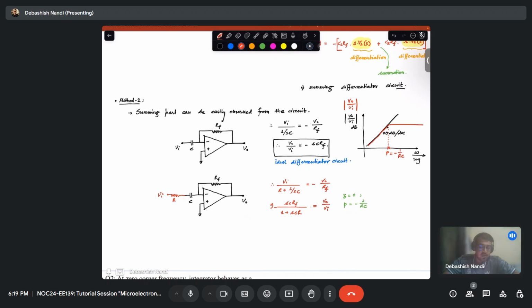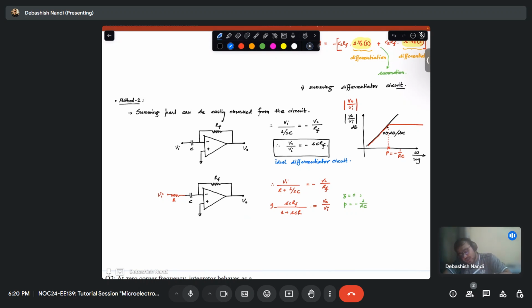So you see how an ideal differentiator is turning into a high pass filter, okay, by just the introduction of a series resistance. So what is happening basically in the frequency domain is that it is introducing a pole at a location of P equal to minus 1 over RC.